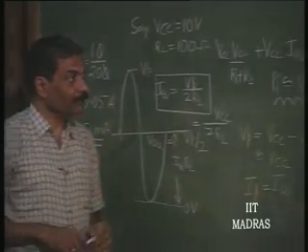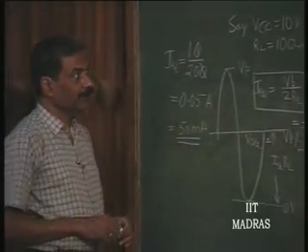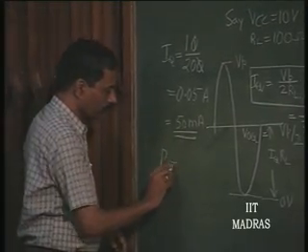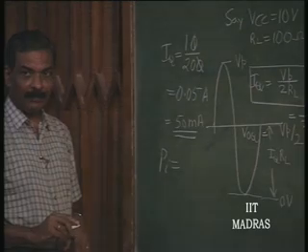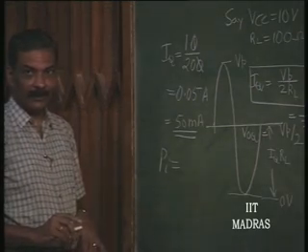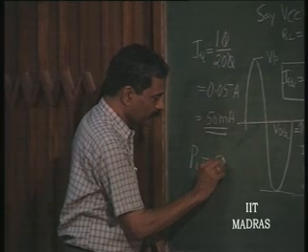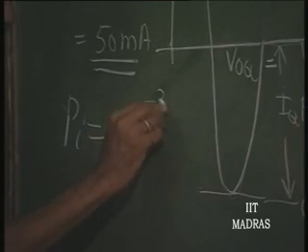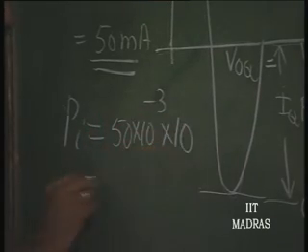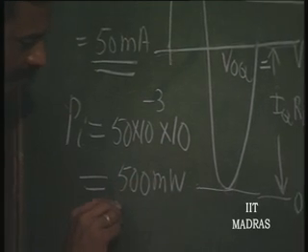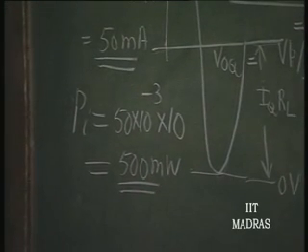So, if 50 milliamperes is the current, then what is the power input? Power input is going to be 50 milliamperes, okay, into 10 volts. So, that is going to be 500 milliwatts or 0.5 watts.